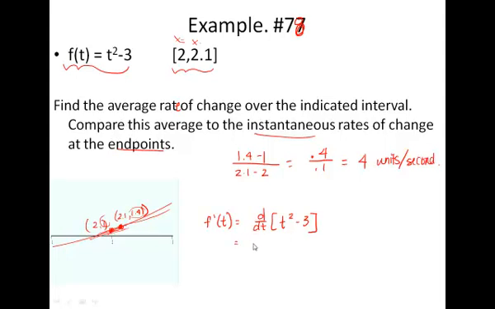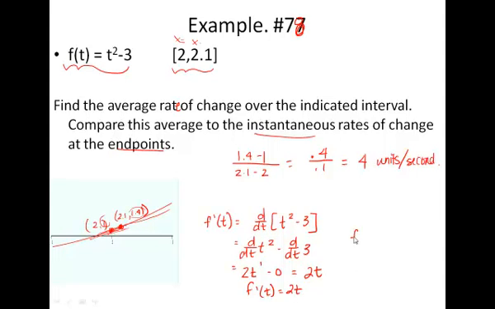We can apply the sum and difference rule and take this piece by piece. This is the power rule: bring down the 2, t to the first, and then minus a constant, so this is just equal to 2t. That's my f prime of t, and it will find me the slope of the tangent line at any given point.